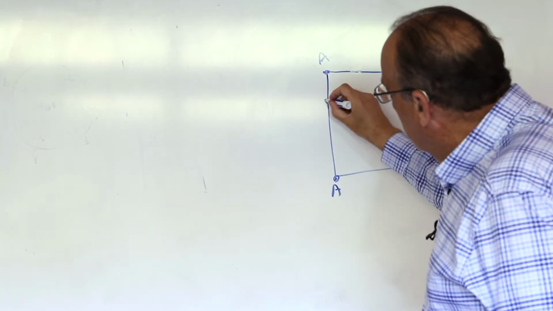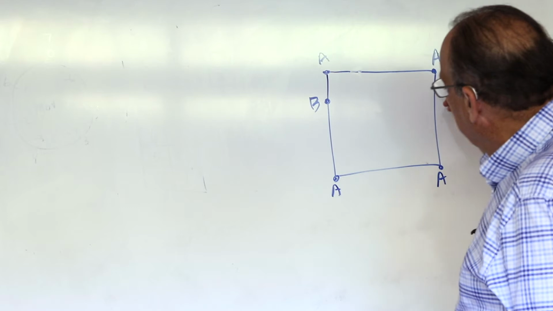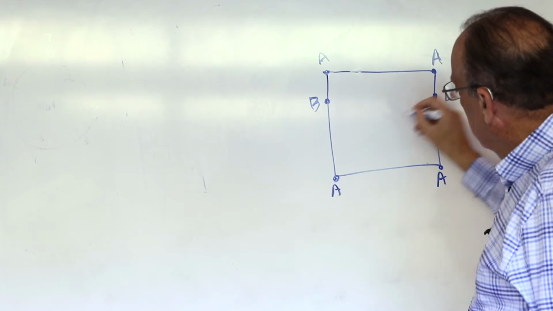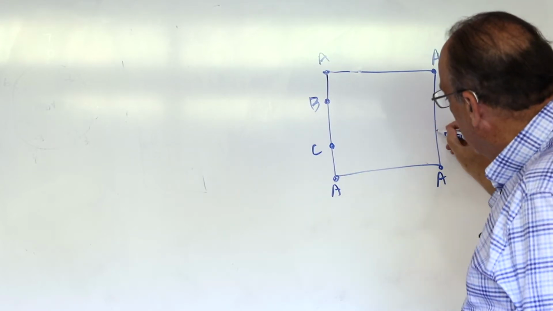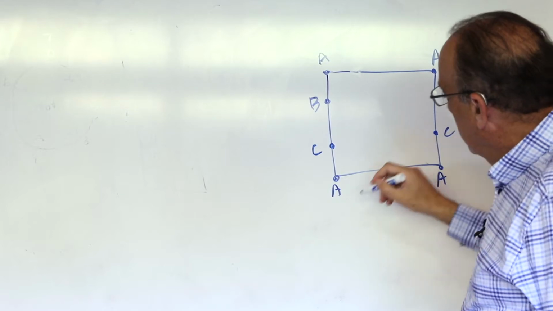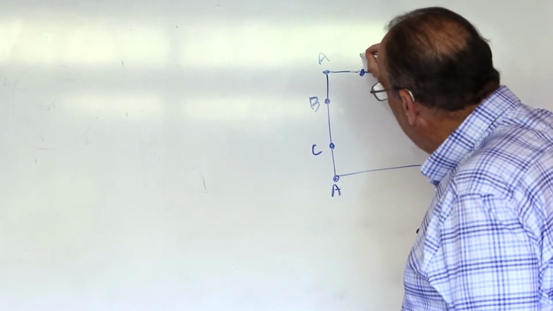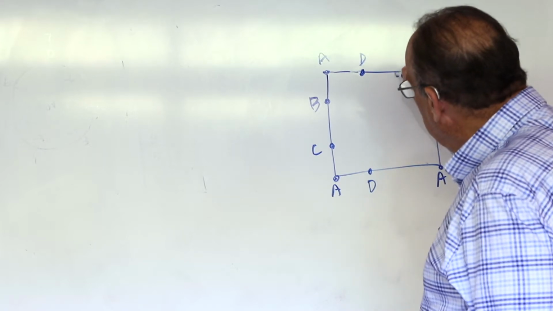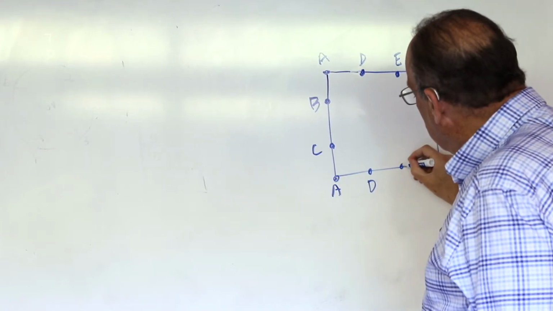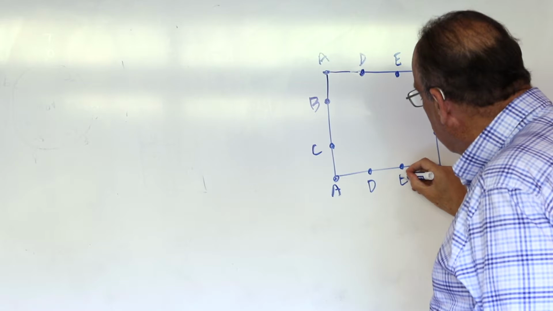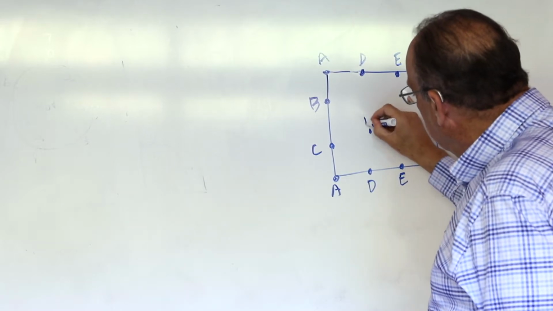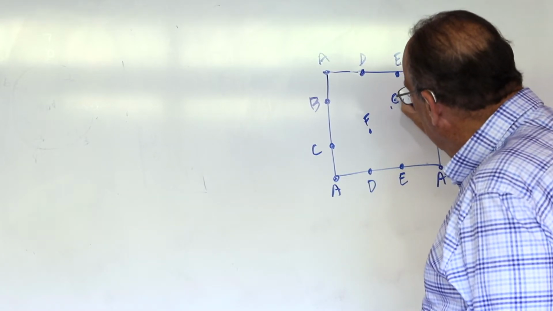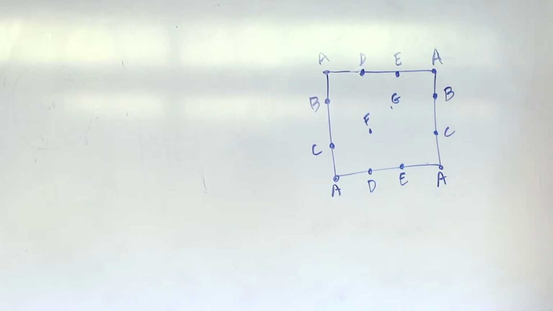And then B is the same as this point here. And C is the same as this point here. And then D is the same as this point D here. E is the same as this point here. And then we have F and G. So altogether, we only have 7 points.